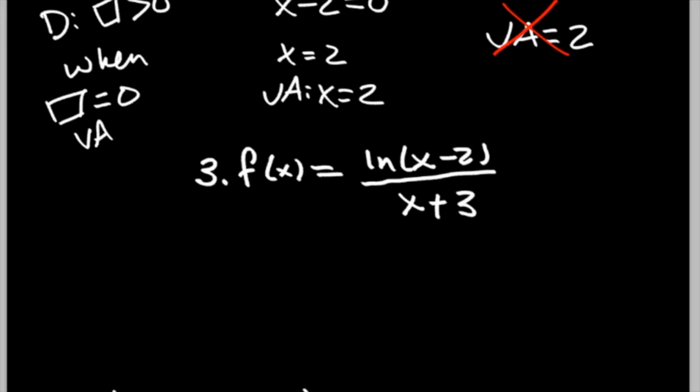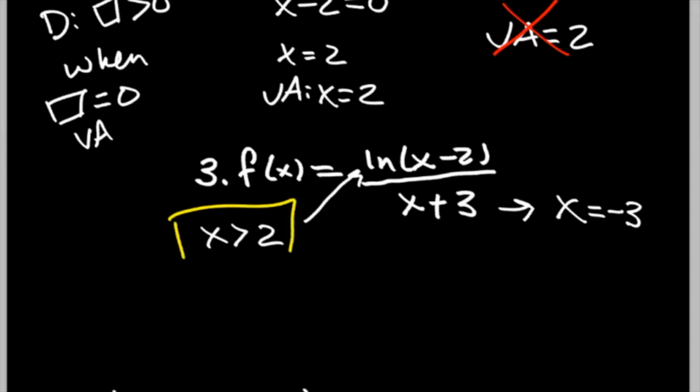f of x equals ln of (x minus 2) over (x plus 3). Let's try this one. Well, we know that x has to be greater than 2. That's the domain of the numerator. The vertical asymptote for the denominator is x equals negative 3. But x is greater than 2.